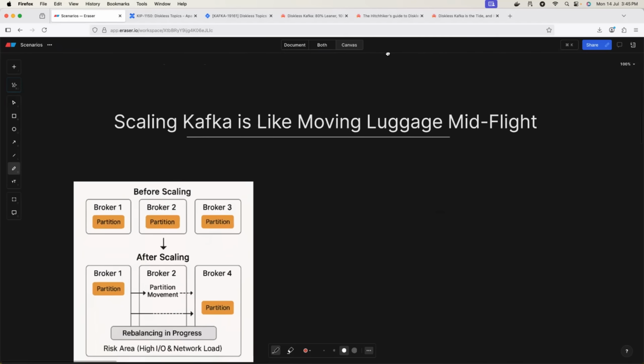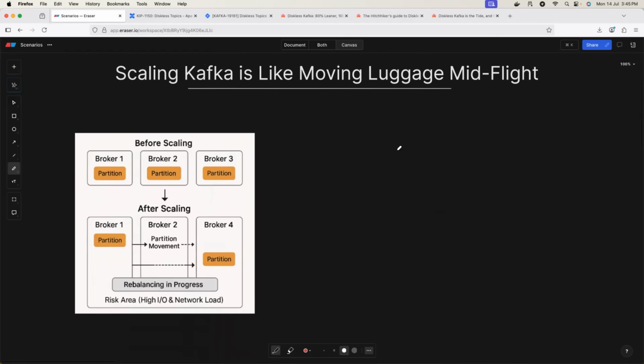If you put cost aside for some time, there is also another challenge with the existing architecture, that is rebalancing of the Kafka cluster. Let's say you have a 3-broker Kafka cluster and you want to scale up, maybe add a new broker because you want more computing power.